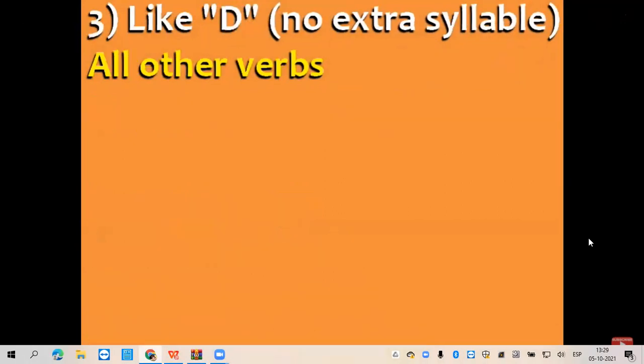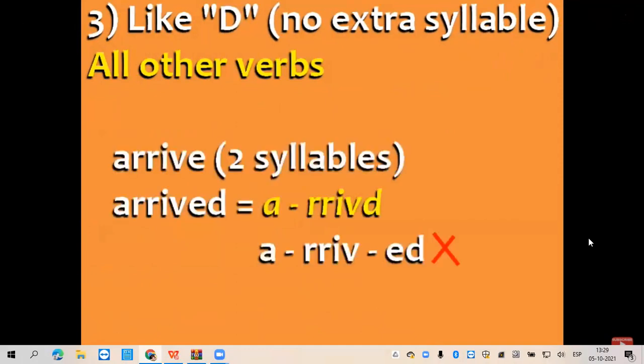Finally, ed is pronounced like D with no extra syllable in all other verbs. So the past tense of the verb arrive, which has 2 syllables, is arrived, which also has 2 syllables. Don't say arrived. It's incorrect.